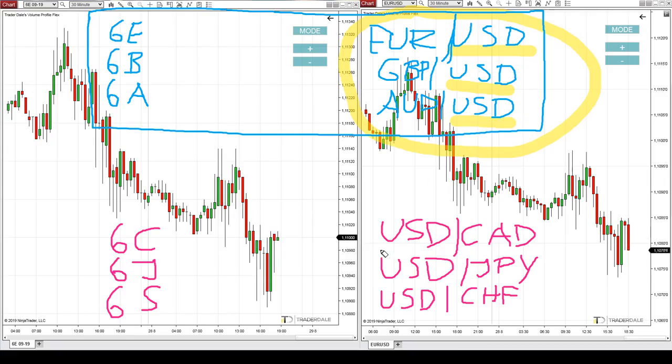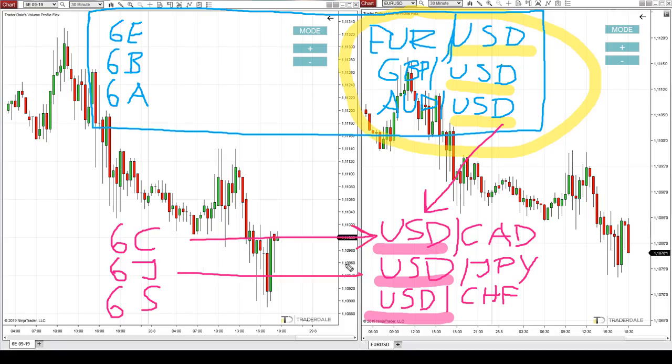But in here, there is USD/CAD, USD/JPY, and USD/CHF. The US dollar is on the other side. And for that reason, the charts for USD/CAD, USD/JPY, and USD/CHF are reversed from their futures counterparts.